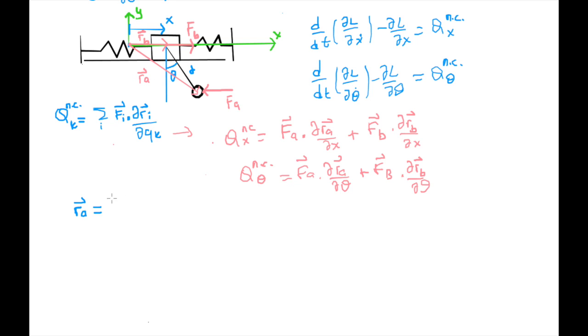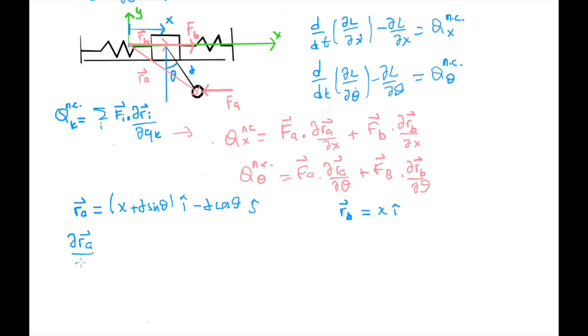Ra is going to be x plus d sine theta in the i direction and minus d cosine theta in the j direction. And I also have Rb. Rb is simply x in the i direction.